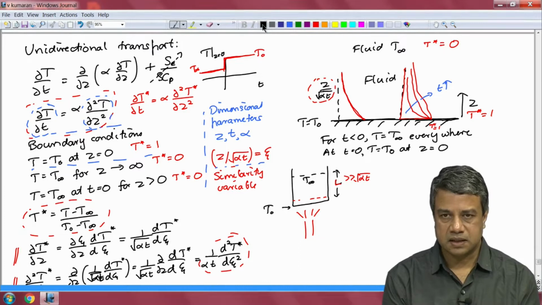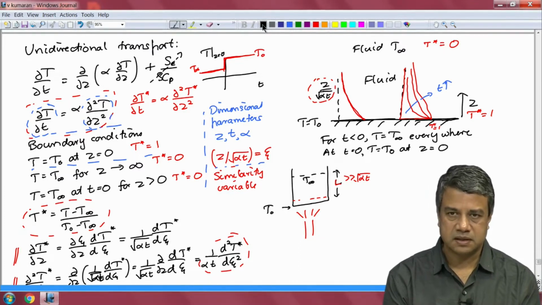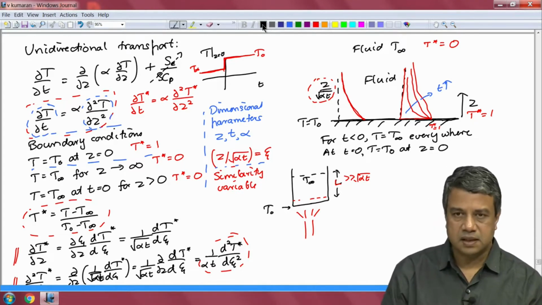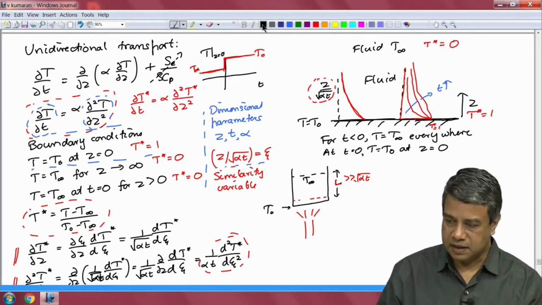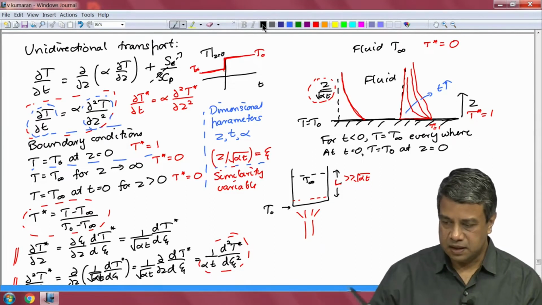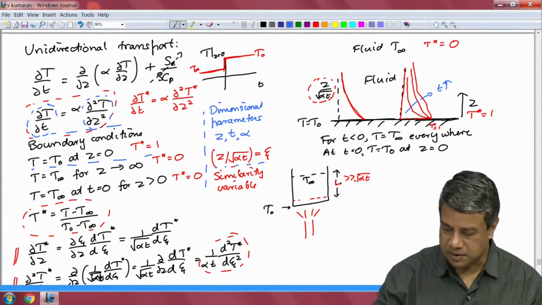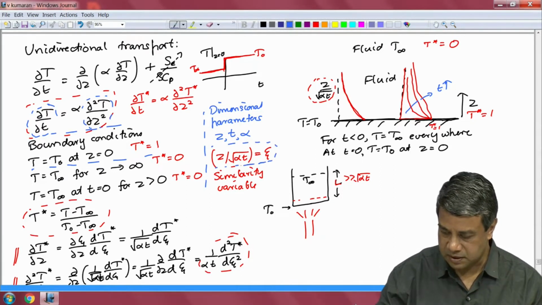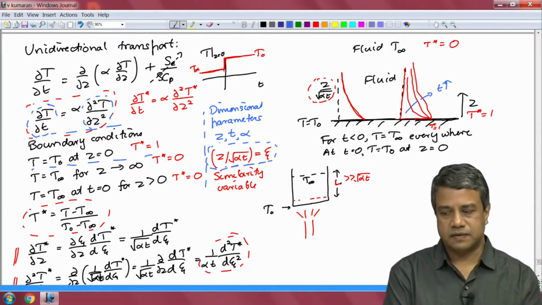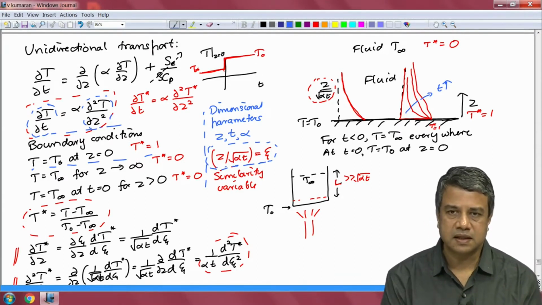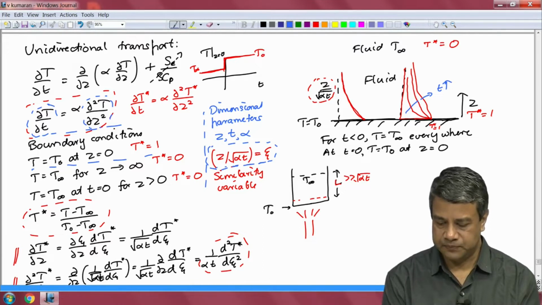Just based upon dimensional analysis, the only parameters here are z, the distance from the surface, alpha, the diffusivity, and t, which is time, and you can create only one dimensionless group from this, z by square root of alpha t, which we had designated a similarity variable psi.